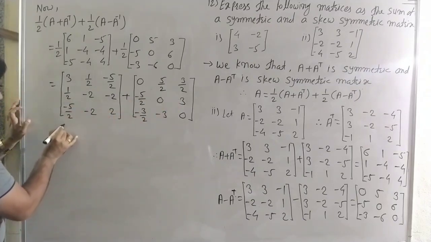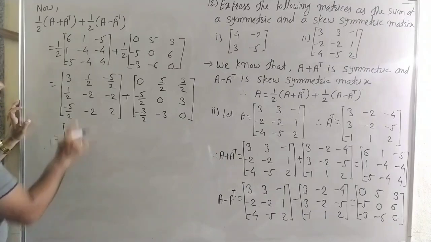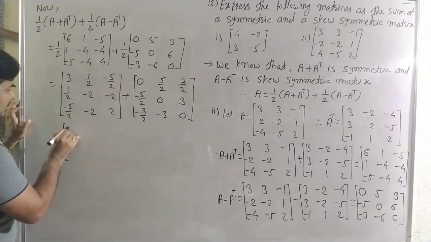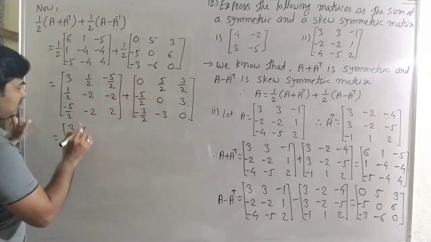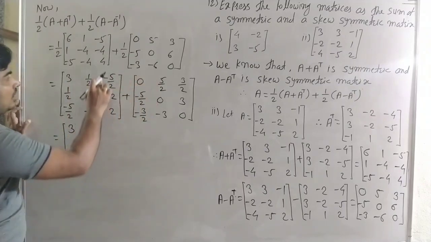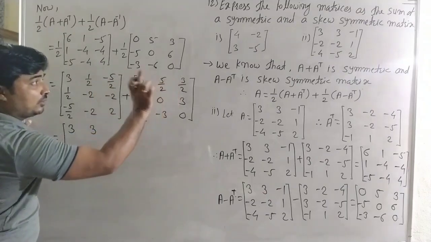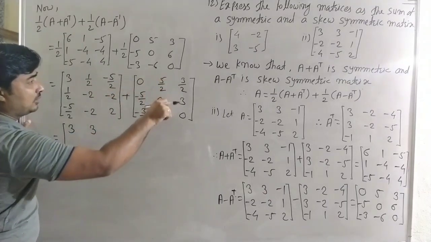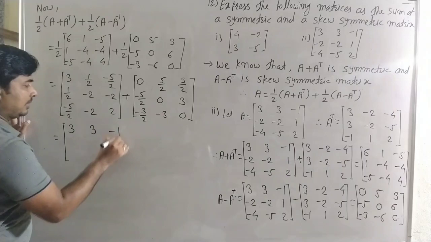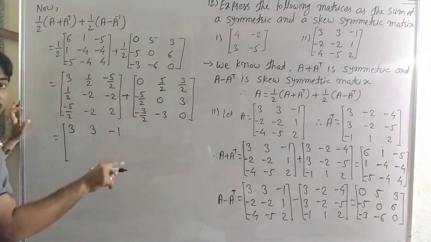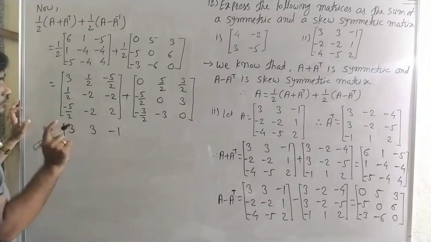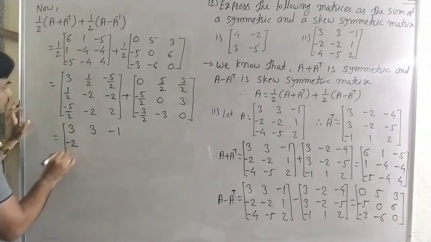Okay, here 3 plus 0, it is 3. 1 by 2 plus 5 by 2, that is 6 by 2, again it is 3. Minus 5 by 2 plus 3 by 2, see carefully, that is minus 2 by 2, means minus 1. 1 by 2 plus minus 5 by 2, that is 1 by 2 minus 5 by 2, that is minus 4 by 2, it means minus 2.